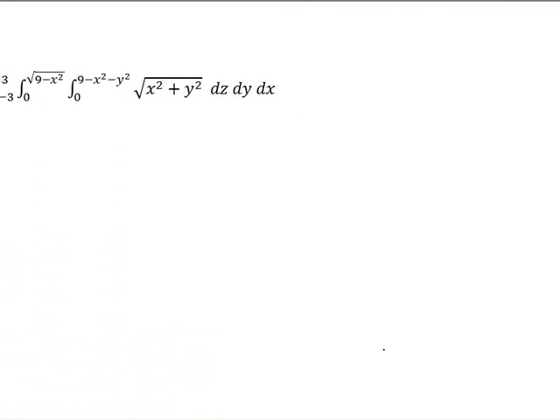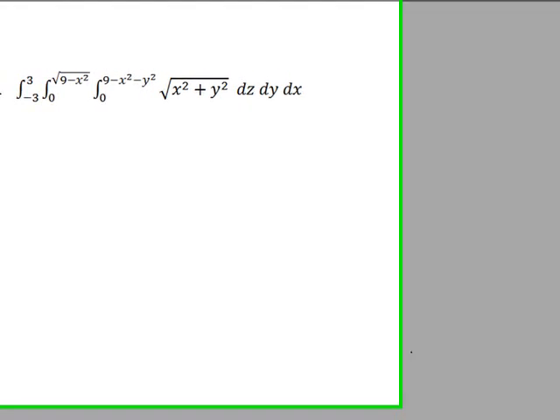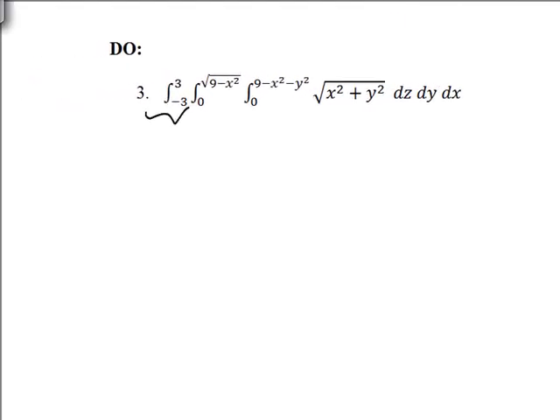So this one, I just want you to convert, okay? Just convert, you don't have to evaluate. Okay, so let's go over this. So you use these two integrals to draw your diagram so you can find the r and theta limits. So x goes from -3 to 3.